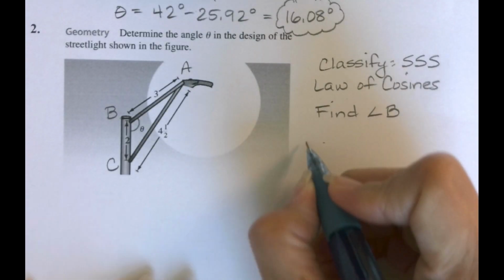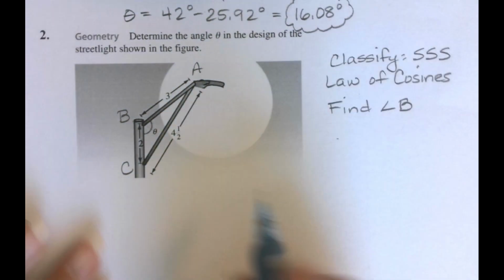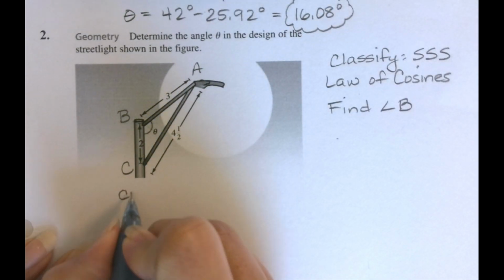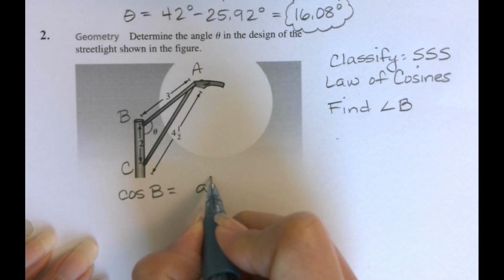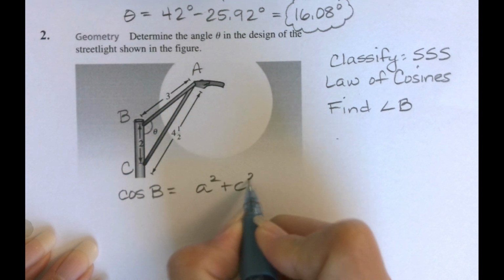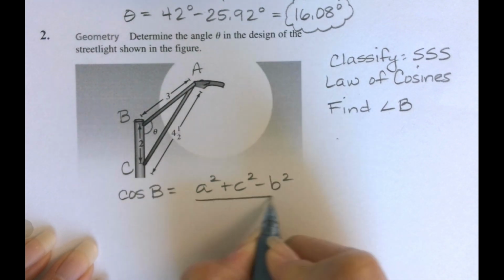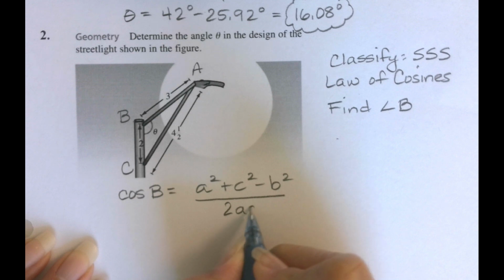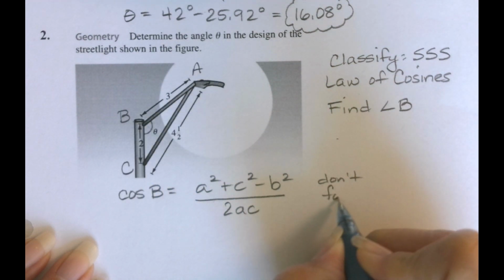So again, don't forget that. I'll write the formula here at the bottom. Go ahead and solve for capital B if you haven't started yet. I'm just writing out the formula and reminding you here.